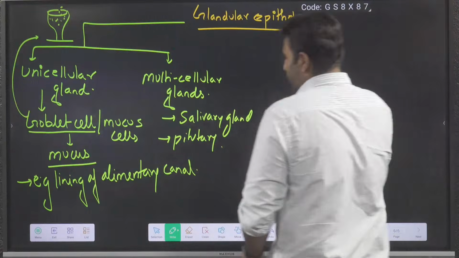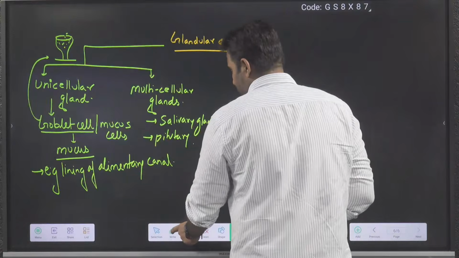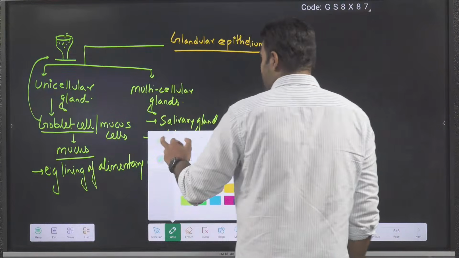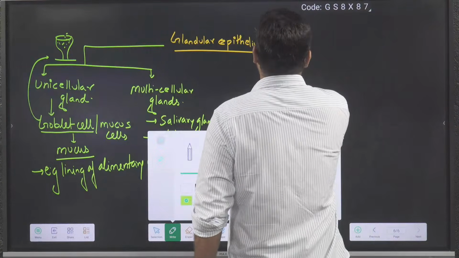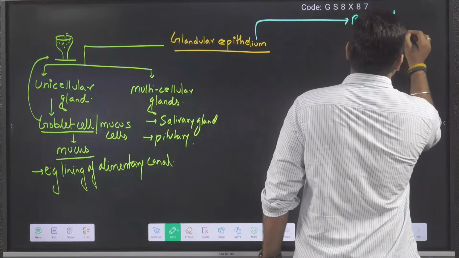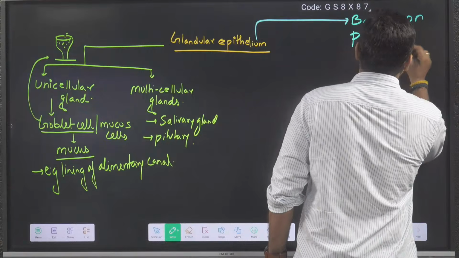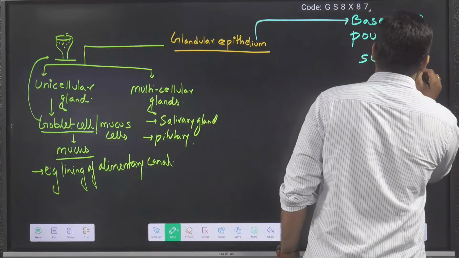What is the next classification? The next classification of glandular epithelium is based on the mode of secretion, or the pouring of secretion, where it is released.